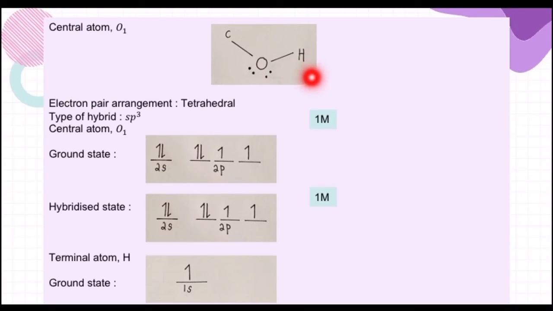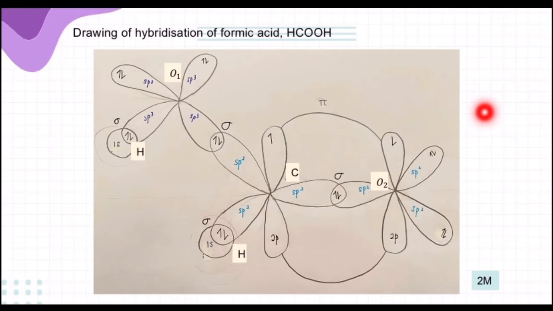And for terminal atom H, this is the ground state. So 1 mark will be given for correct type of hybrid, and another mark for the overall orbital diagram. This is the drawing for hybridization of formic acid. So 2 marks will be given for the whole drawing, 1 for the overall shape, correct shape, and another 1 for labeling for each part, everything here.